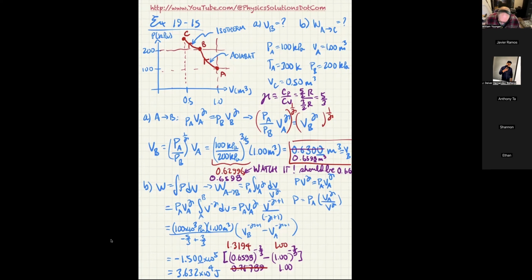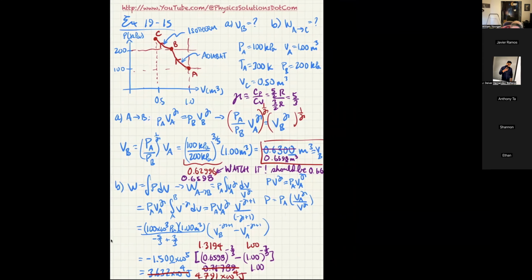All right. So, with this in mind, this gives me an entirely different number. 1.3194 minus 1 is 0.3194 times 1.5 times 10 to the fifth. There it is. So this gave me 4.791 times 10 to the fourth joules.